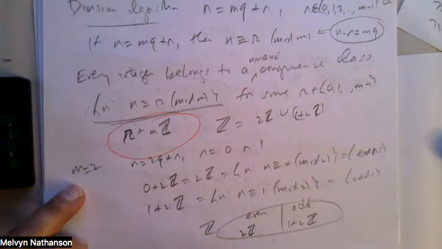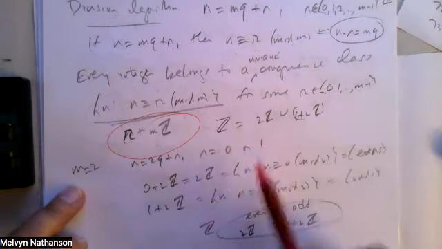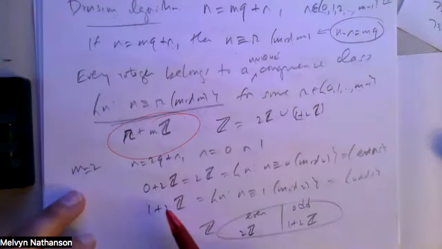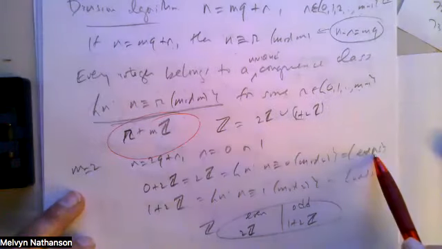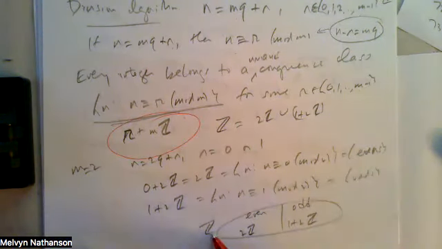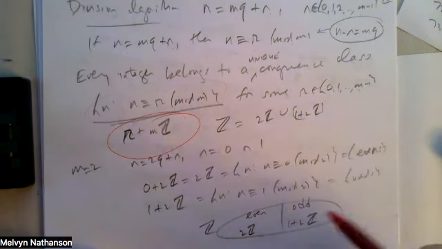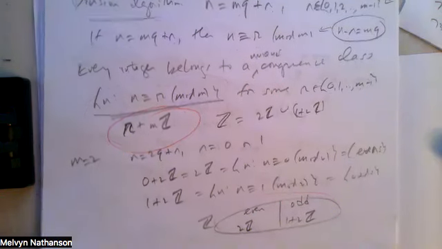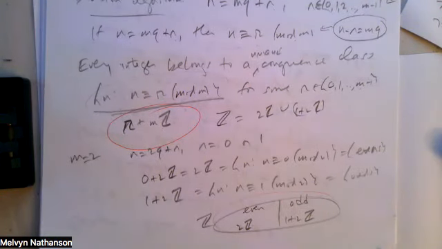If I take m equal to 2, there are only two remainders, 0 or 1. The numbers congruent to 0 mod 2 are the evens, the numbers congruent to 1 mod 2 are the odds, and the set of integers is partitioned into two congruence classes, the even numbers and the odd numbers.